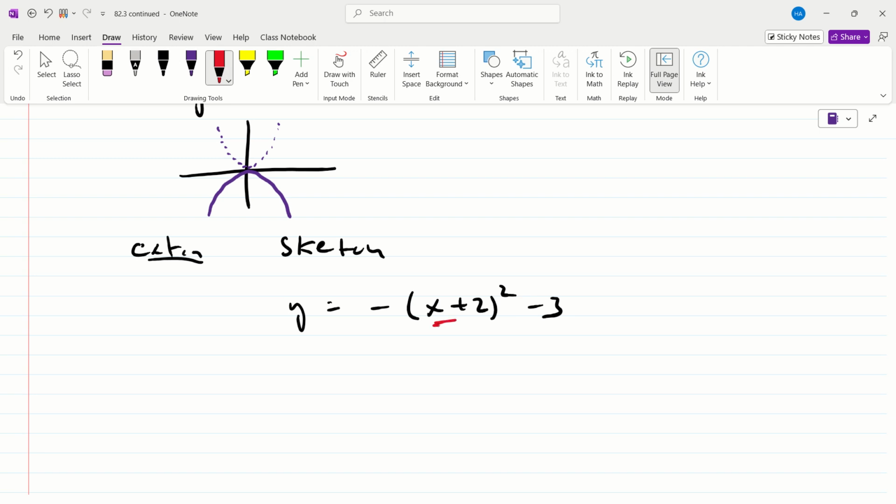So here's the x. Right next to the x, I have this plus 2 that tells me that I have a horizontal shift. And right in front of this x plus 2 squared, I have this negative, so I'm going to do that second. And then I'm going to think about what to do with that negative 3.